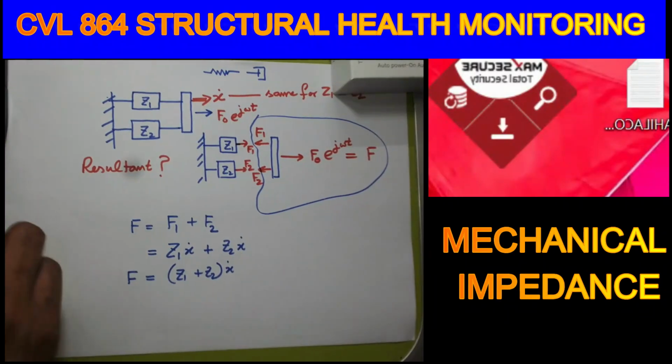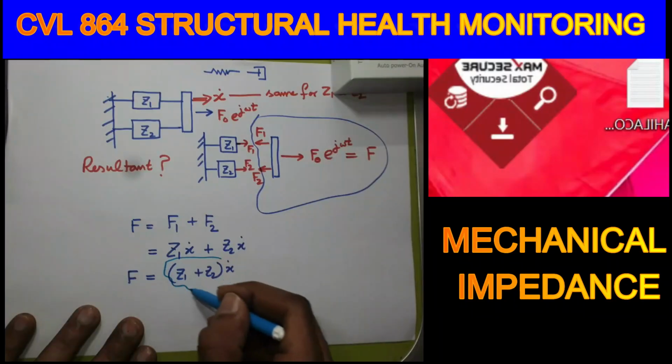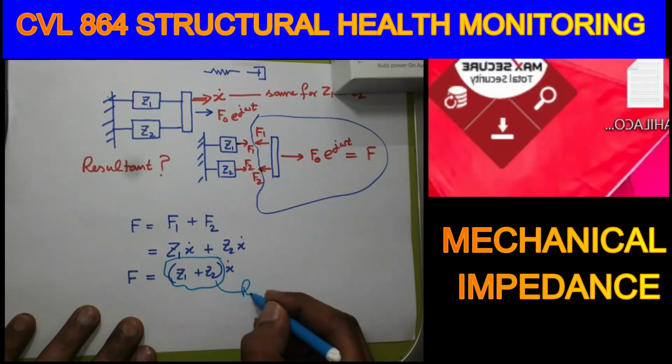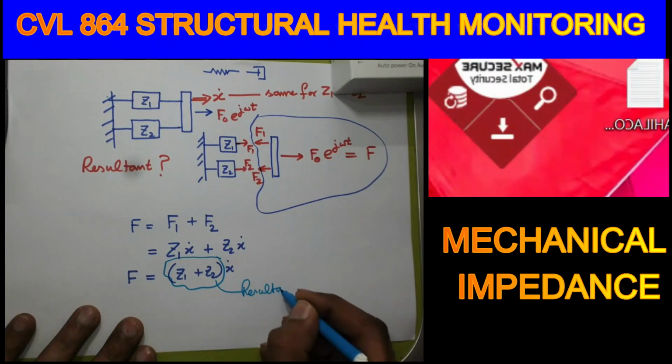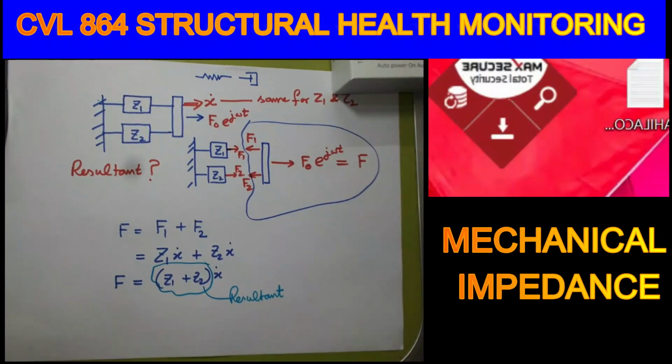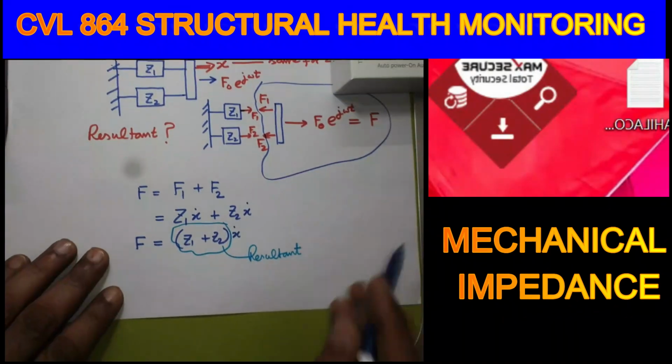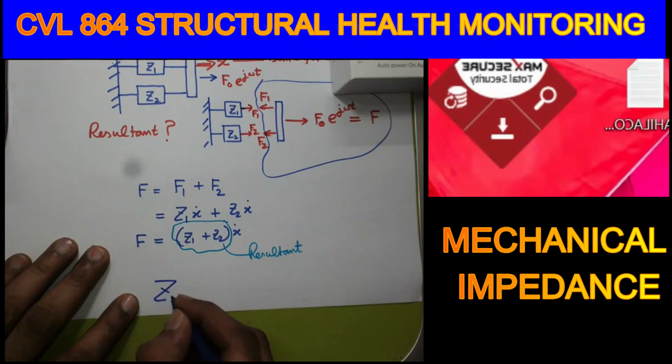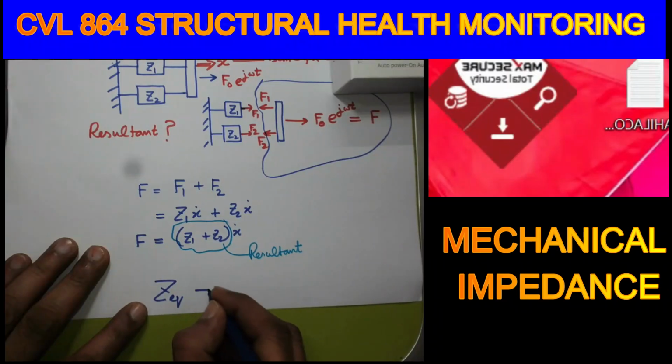This is the resultant impedance. So that means what we have found, that if impedances are connected in parallel, they are additive in nature. Right? So if I give you n impedances, then your Z equivalent for parallel case will be summation.